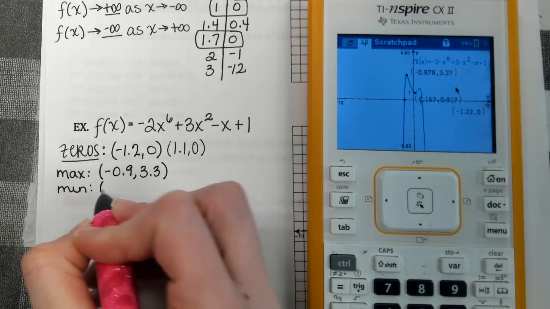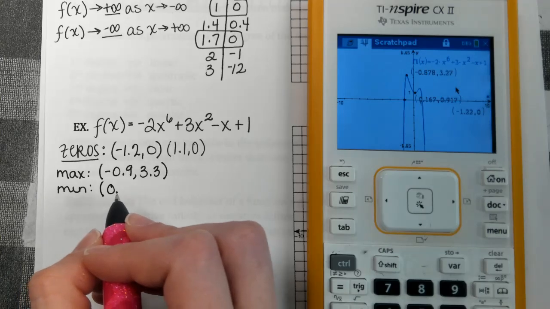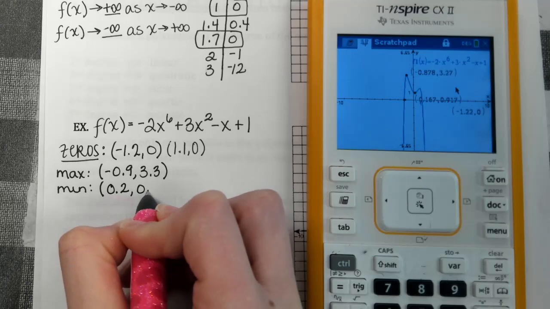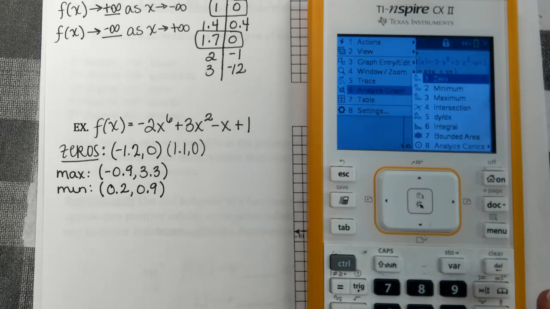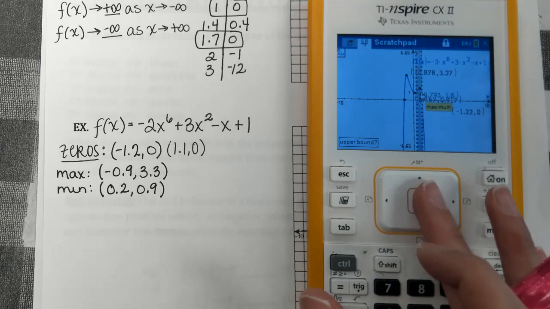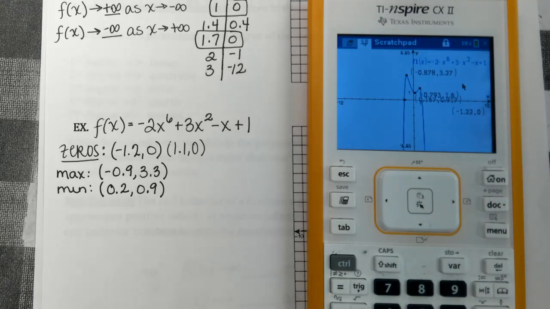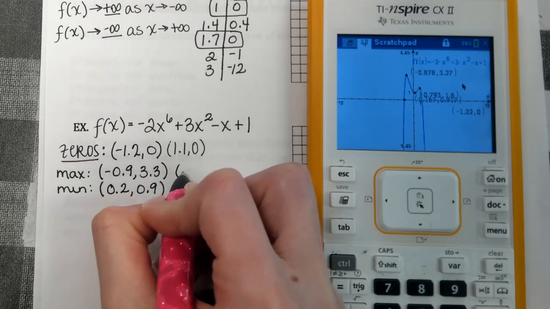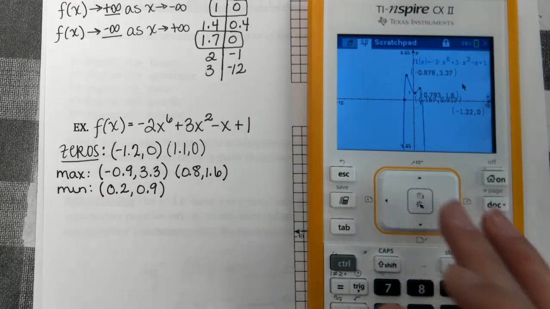And that rounds to, very good, 0.2 and 0.9. And then menu 6, 3 for my last max, which is 0.8. Very good. 0.8 and 1.6.